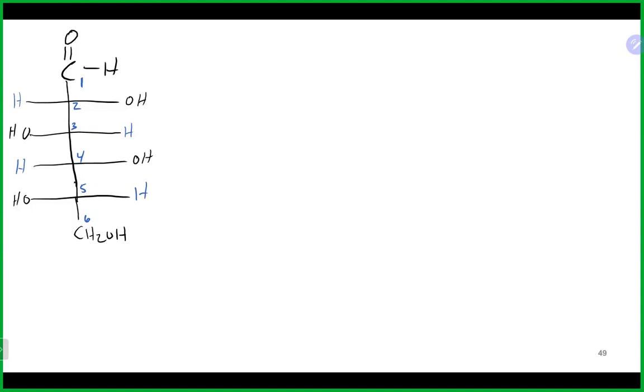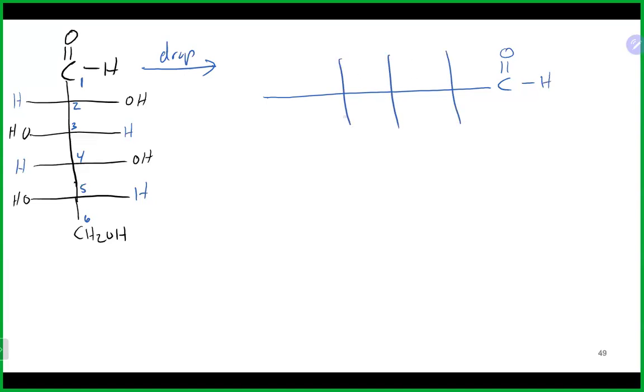So there are hydrogens on the other side of these guys. Now, what you could do is just take this guy and drop him down on its side. And if you drop it on its side, you could redraw it, and it will look something like this. When you drop it on the side, 2, 3, 4, 5.